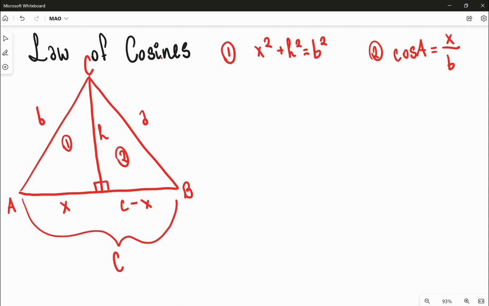But if we multiply this over, then you have b times cosine A is equal to x, right? So if we can replace that x with c minus x, then c minus x, the whole thing squared, plus h squared is equal to b squared.